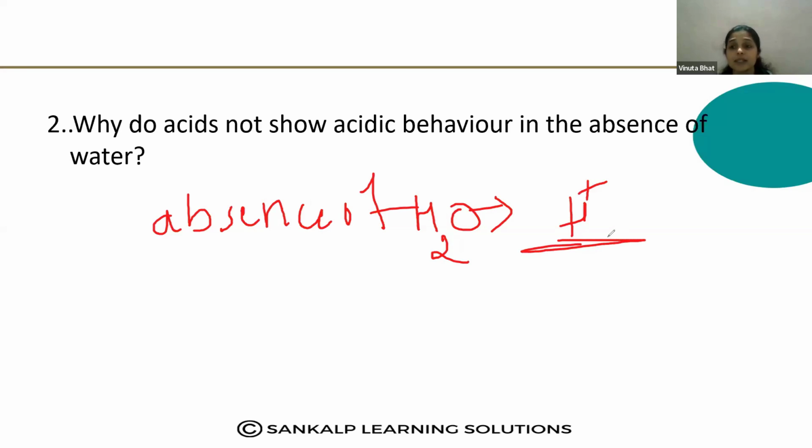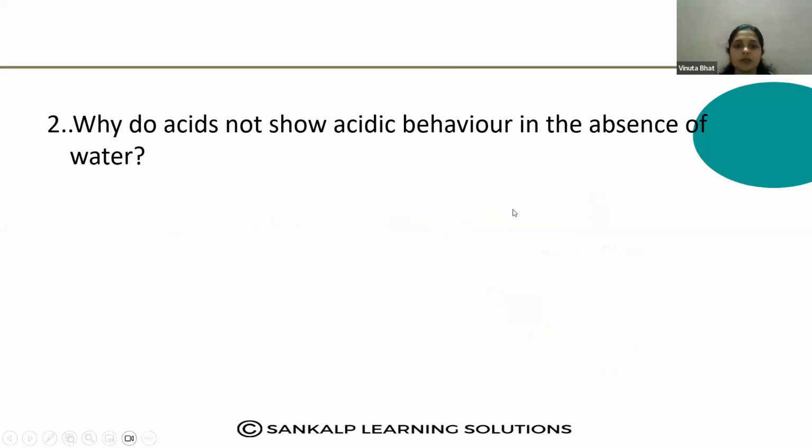These H plus ions are responsible for the acidic character. So these ions are not formed when it is not in water. In the presence of water, it forms the H plus ions, and these are responsible for the acidic character. So that is the reason. Please note down the question.